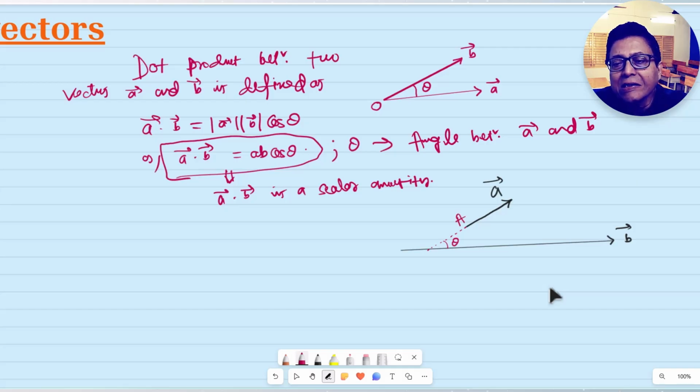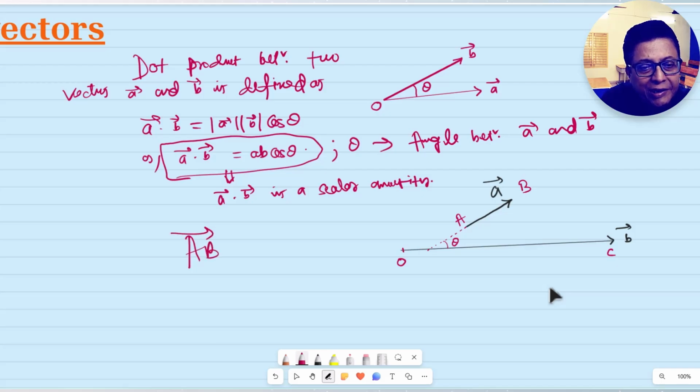Now, AB is the vector A. Say OC represents the B vector. Here we write these as important observations.